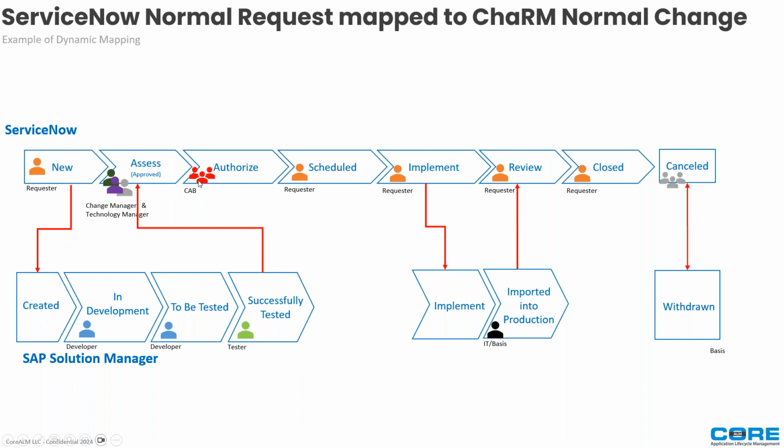And we can easily do that by essentially mapping the authorized to created. This is very nice because we have flexibility to map any status to any status. Technically, we can map all of them. Logically, sometimes it doesn't make sense to map certain statuses. However, we have the capability to do so.